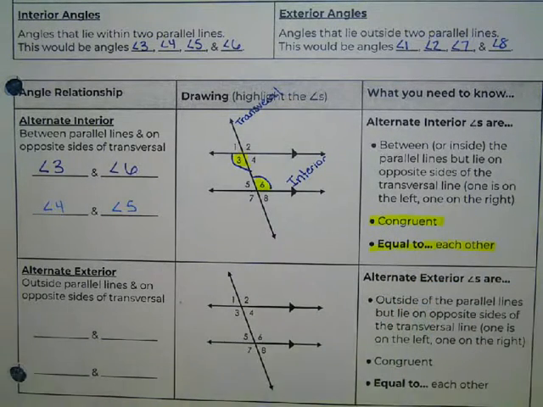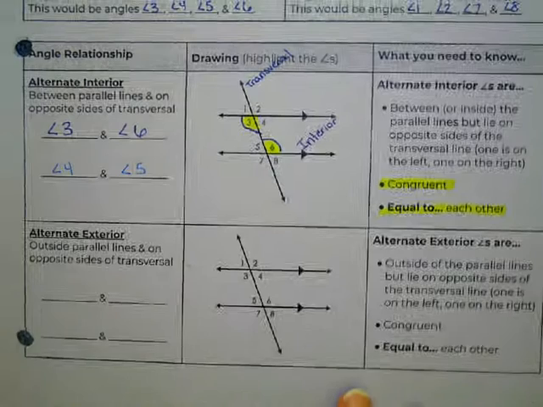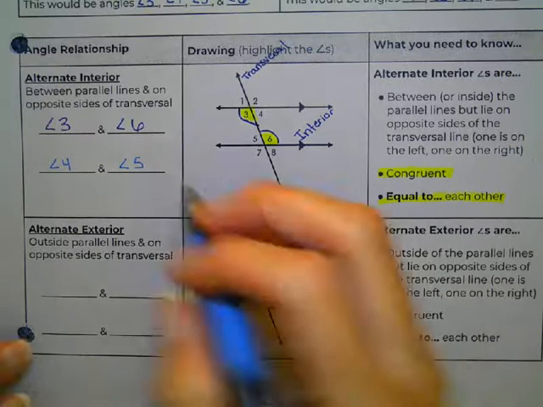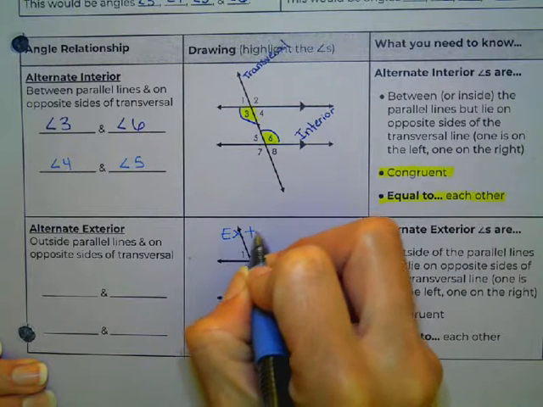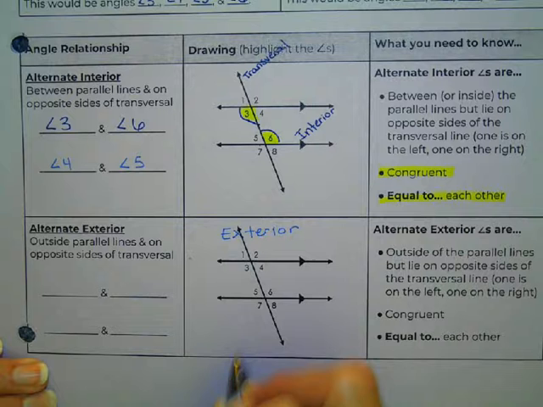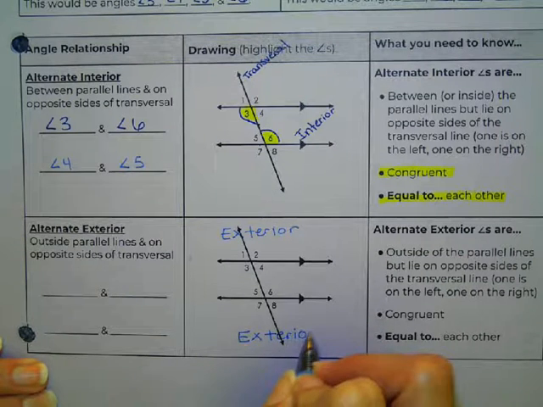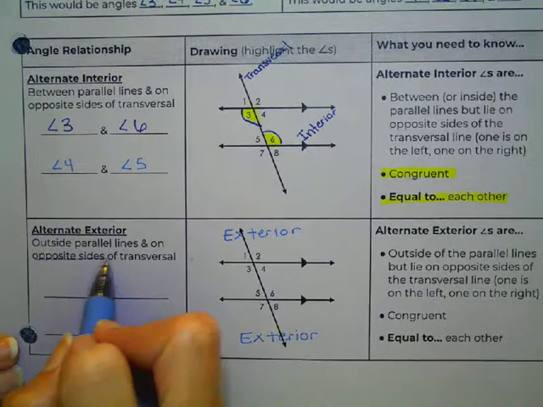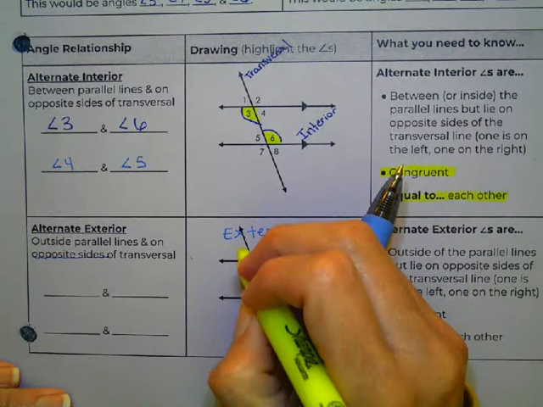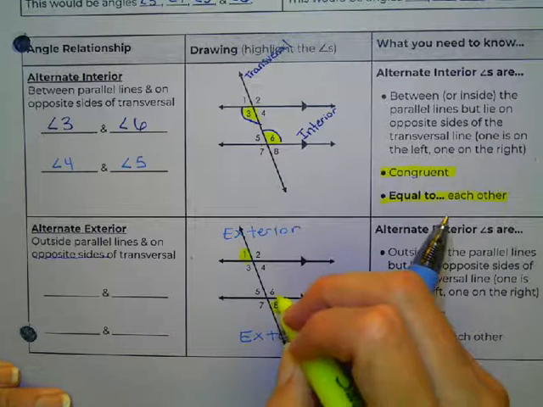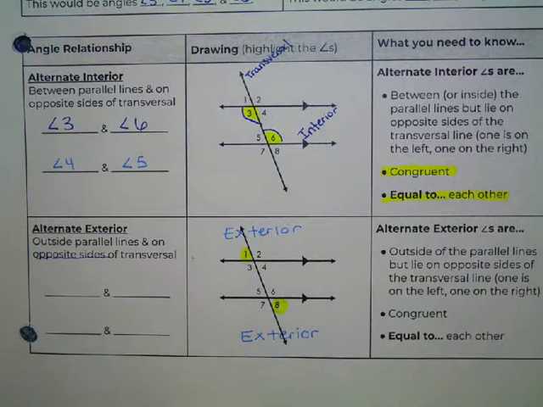Let's look at the next one, alternate exterior. Remember, exterior is on the outside of these lines, and we're looking at opposite sides of the transversal. So angle 1 and angle 8 are on the outside and on opposite sides of that line.